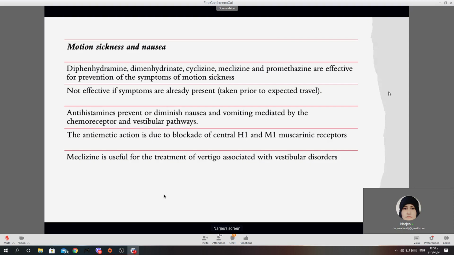Usually antihistamines like cyclizine or meclizine can be administered at least 15 minutes before the trip, basically because they prevent nausea and vomiting mediated via the chemoreceptor and vestibular pathway.